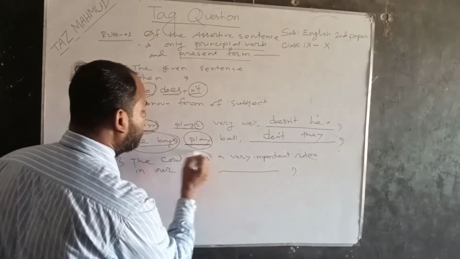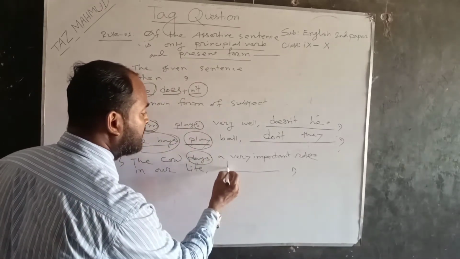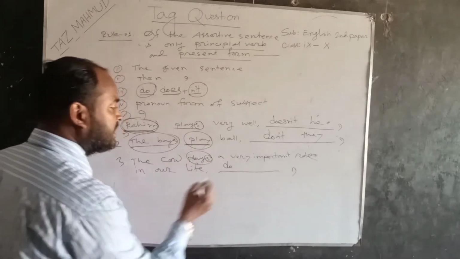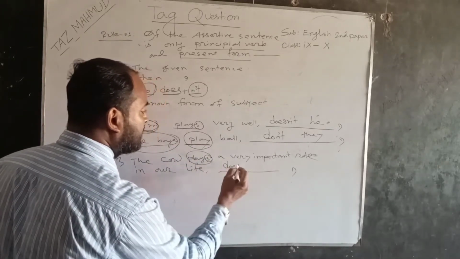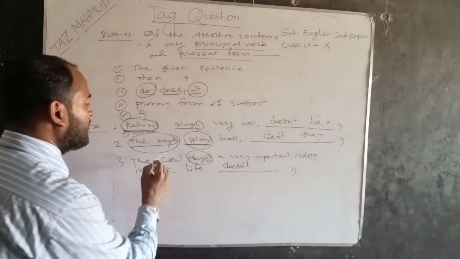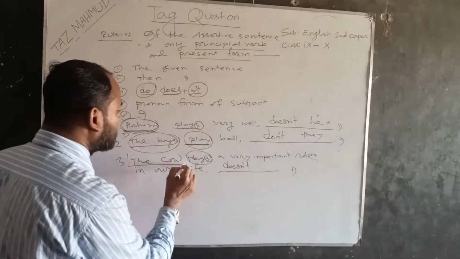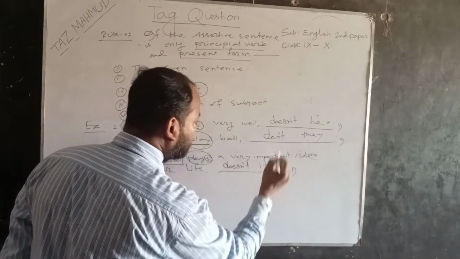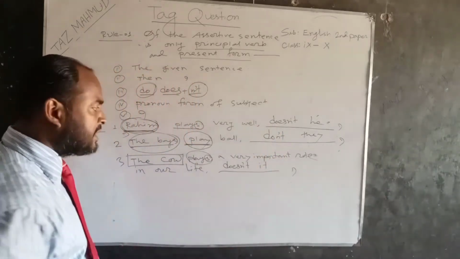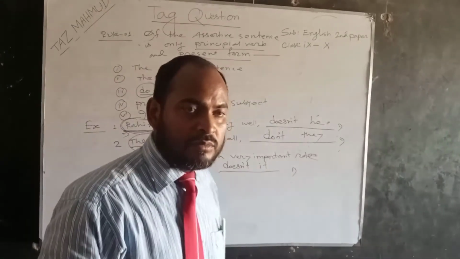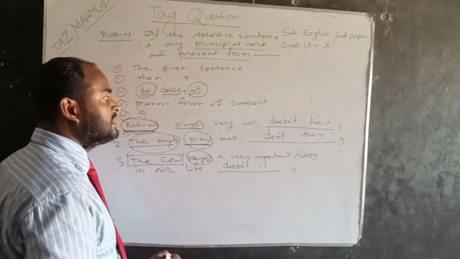Plays is the present form verb, and it bears s. Then we shall write does, doesn't, for not we have to write not, and instead of the cow we have to write the pronoun form of cow, it. But if the subject is plural form, then we have to write they.